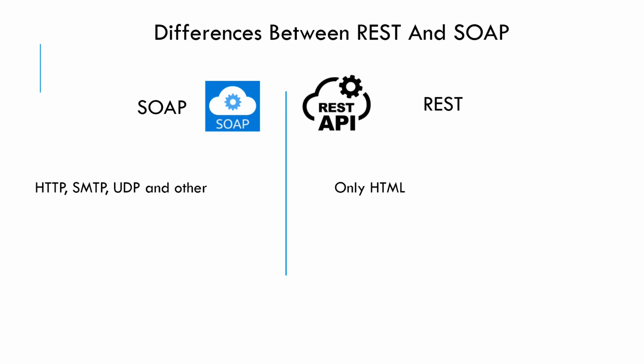And if we talk about the protocols used by web services, REST only uses HTTP, but SOAP has the options of using HTTP, SMTP, UDP, and a few others. So if you want to use any protocol other than HTTP, then you must use SOAP services.